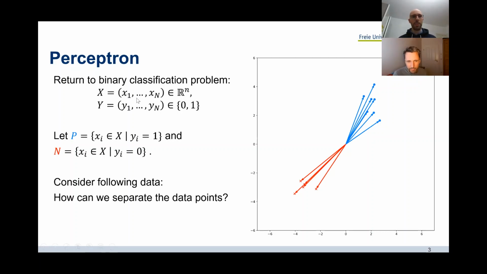We split our data x into a positive data set P and a negative data set N, with P containing all the data points for which the corresponding label is 1, and N containing all the data points for which the label is 0. This might look somewhat like this, where we have our negative and positive data points in the space, here for R2. Now the question to you is, how can we separate the data points?